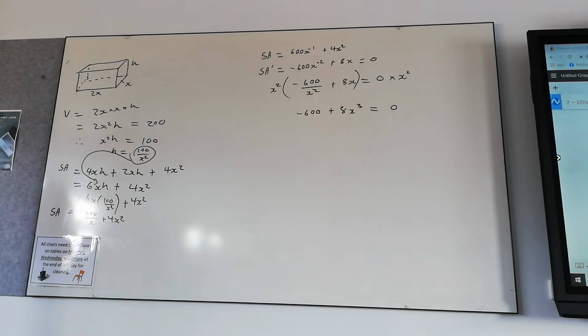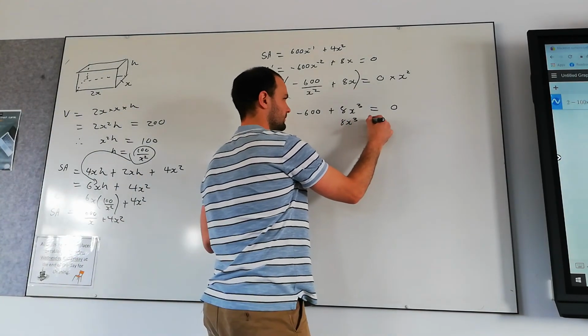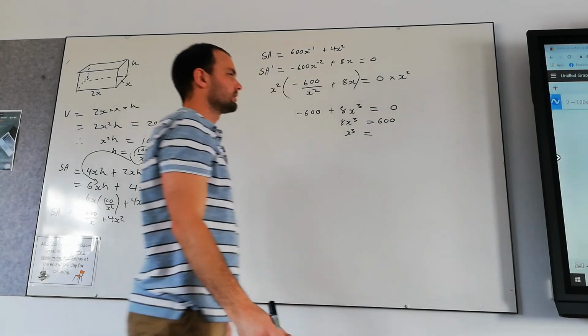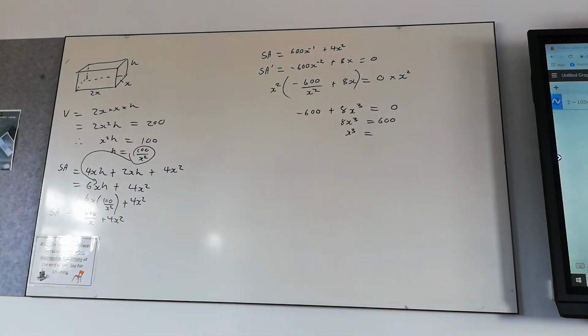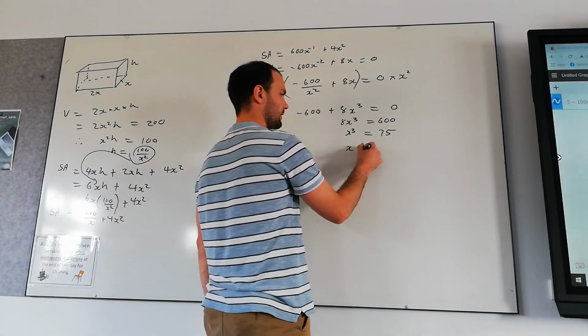All right with that? Cool. So then we've got 8x to the 3 is 600. We'll divide both sides by 8. That's 75. And then cubed root both sides.